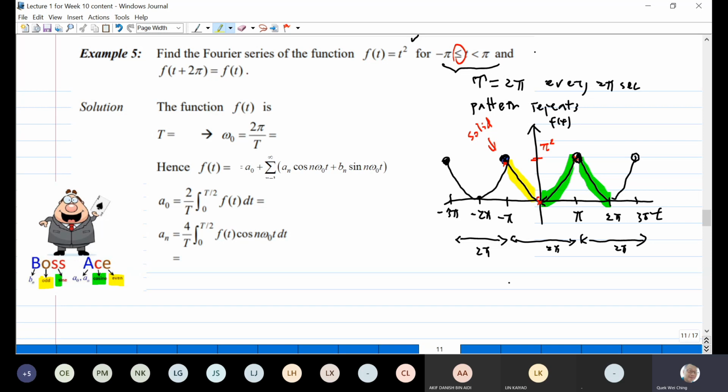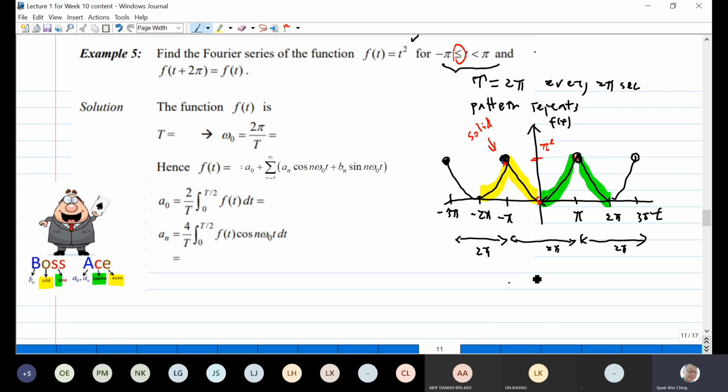Okay, same. What does it mean? It means that Bn are all 0. When you have an even function, you don't need to calculate Bn.